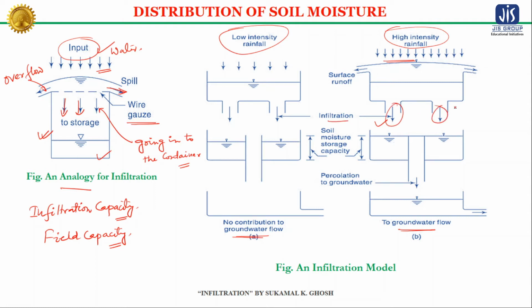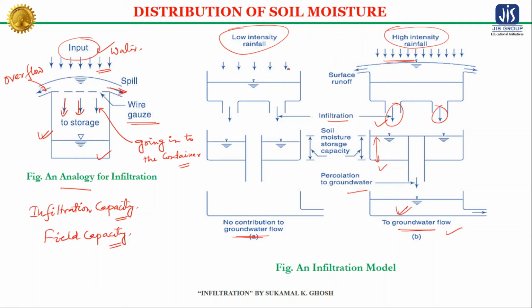Due to the high intensity of rainfall, the soil easily reaches the maximum field capacity or the maximum soil moisture storage capacity, and even after reaching it, some water remains in the case of high intensity rainfall, and that remaining water percolates to the groundwater, and that is how the high intensity of rainfall contributes to the groundwater flow.